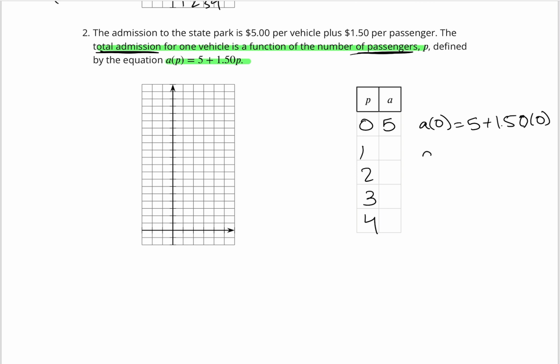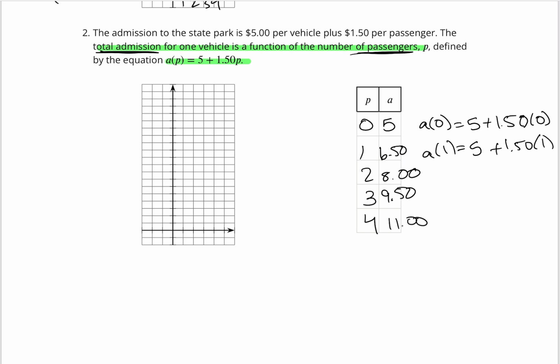And then for one person, I'm paying $5 base cost plus $1.50 for that one person, or $6.50. And if I just continue adding $1.50 per person, that's $8. I can see this is going to have the same rate of change, the same slope as the previous one. So very similar problem here.